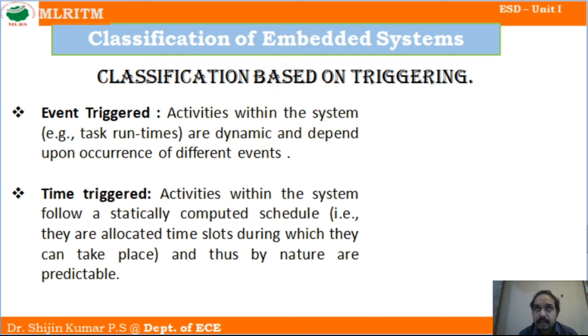When the temperature is increased beyond a particular point, the compressor of the AC will turn on and start cooling. That is what is called event triggered. When an event occurred, what is that event? Temperature increased. Based on that event, some task is performed. What is the task? Compressor turning on. That is a task.